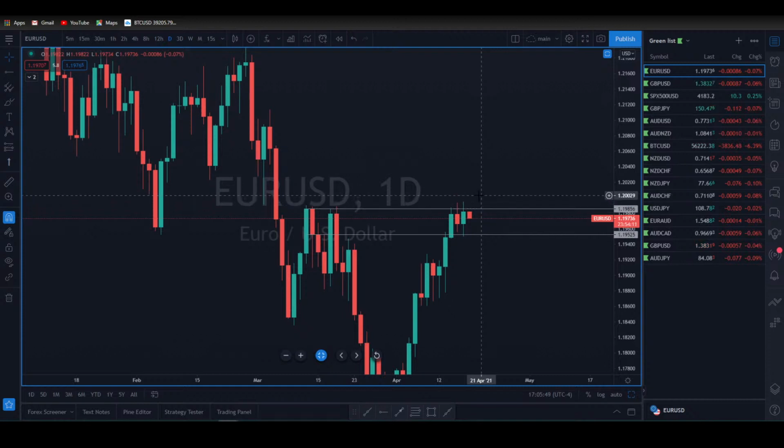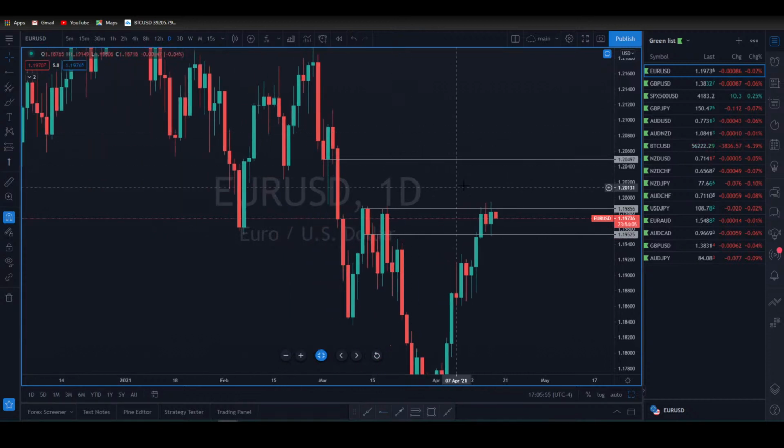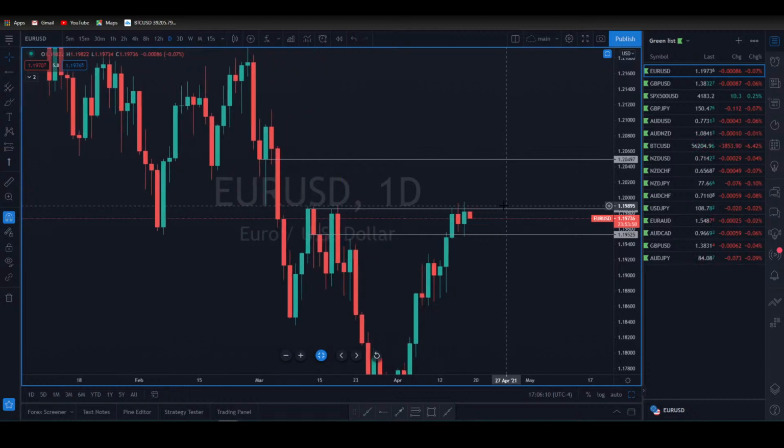If we do get a break and close above, I am looking for this thing to test 1.20497, which is this area up here. That would make for a nice range expansion to the upside if it wants to hold above 1.19856. It's very important that you get that hold, and it must stay above there. You do not want to see any bigger time frames closing below.